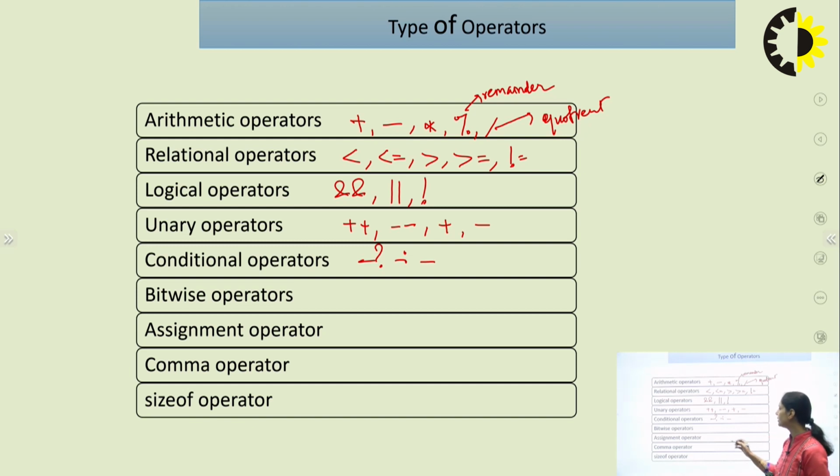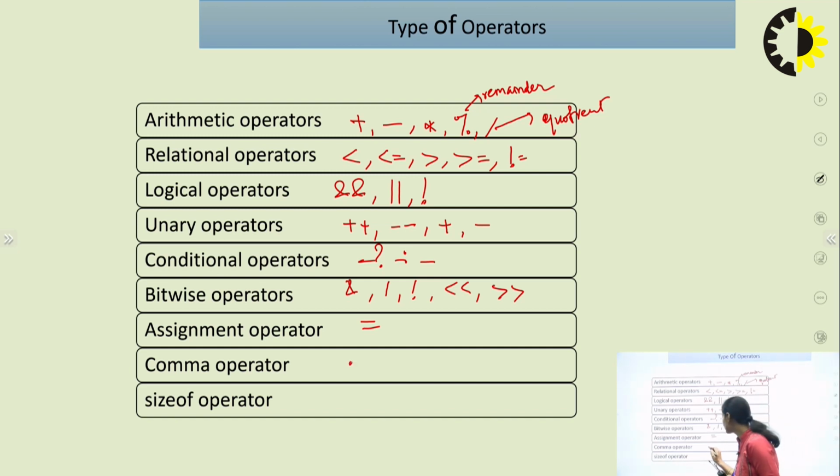For the bitwise operators, we have bitwise and, bitwise or, bitwise not, and the left shift and right shift operators and so on. The assignment operator is the equal to sign which assigns the value from the right hand side to the left hand side.